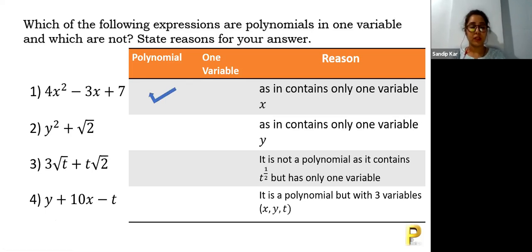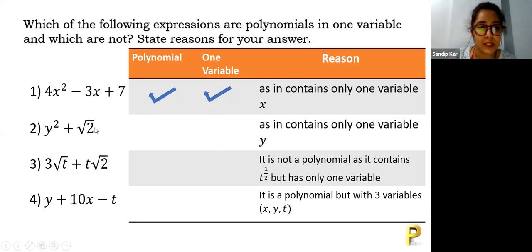Now if you check throughout the question, you can see that only one variable is present. Therefore, it is a polynomial in one variable. Let's get to the reason why. Throughout the question, you can see only one variable and the powers of those variables are whole numbers. Therefore, the given example is a polynomial.